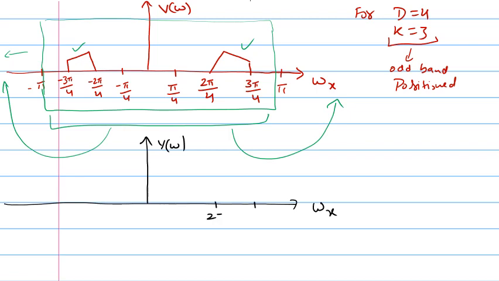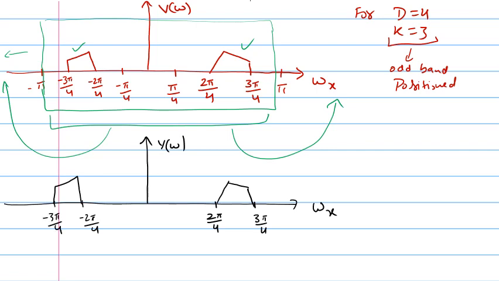This is 2 pi by 4, this is 3 pi by 4. Okay, and this will remain same. So this was minus 2 pi by 4, then minus 3 pi by 4.